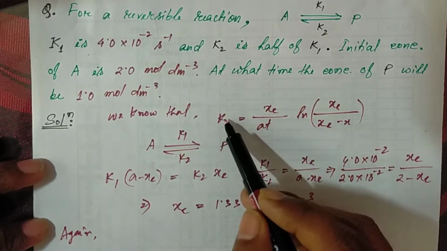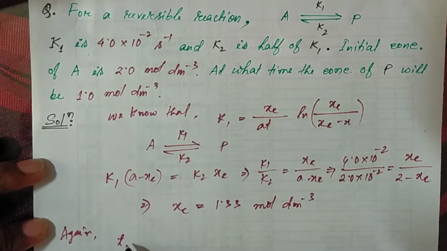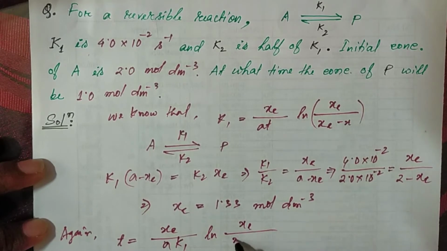If t will come here, k1 will come here. Okay, so I will directly write t is equal to xe by a k1 ln xe by (xe minus x).